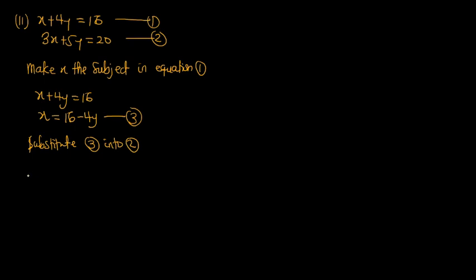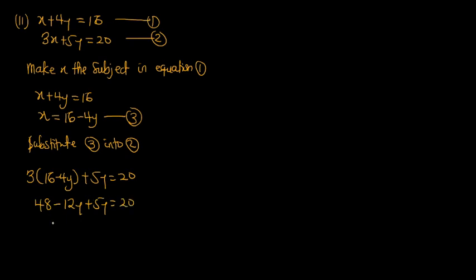Now if I do that substitution, I have 3 into bracket the x, which is 16 minus 4y plus 5y is equal to 20. Now 3 multiplied by 16 will give me 48. 3 multiplied by 4 will give me 12y plus 5y is equal to 20.